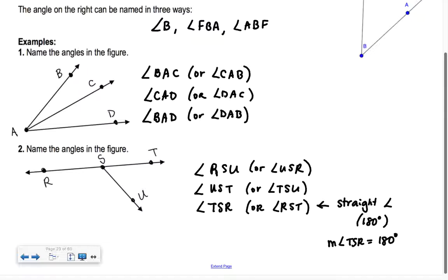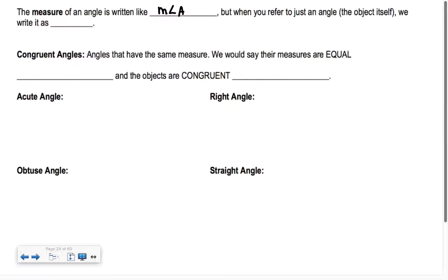But if I just want to talk about the object itself, just the angle, I don't have to put that little m in front of it, right? So that means it's a number associated with it. It's kind of like the difference between AB with a line, or AB without a line. AB without a line over it is the length of it. Okay, so same idea with angles. If I have the m, it's a measurement. If I just talk about the object itself, I just write angle A.